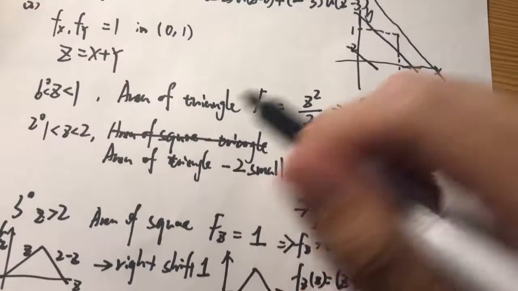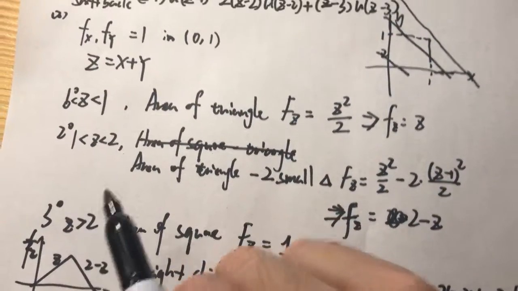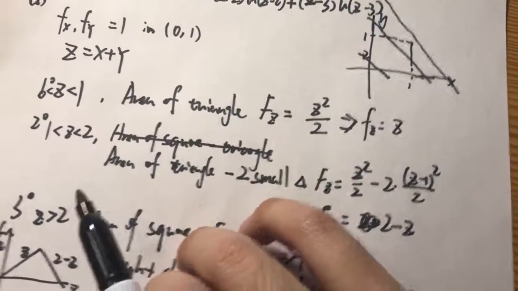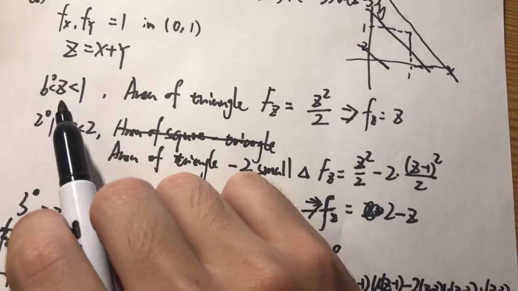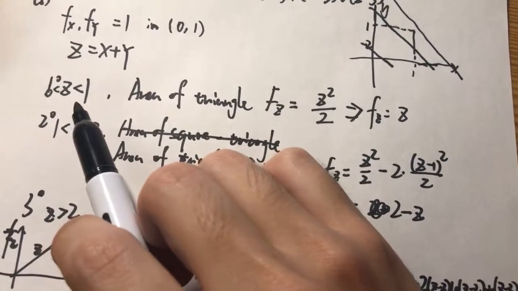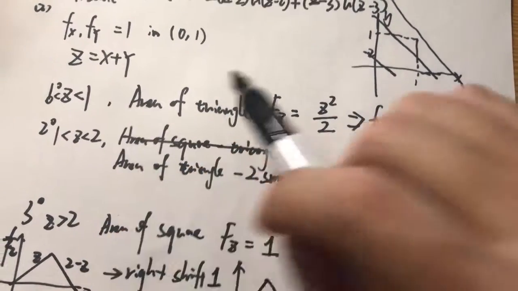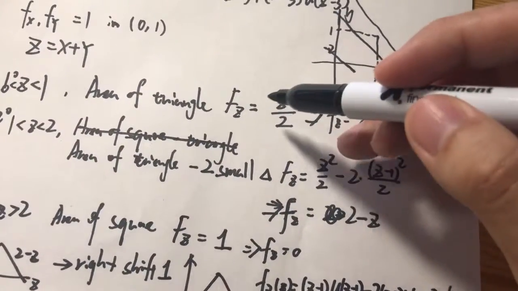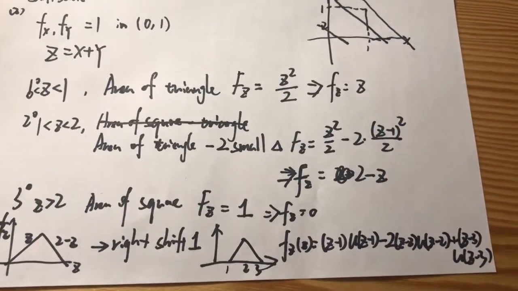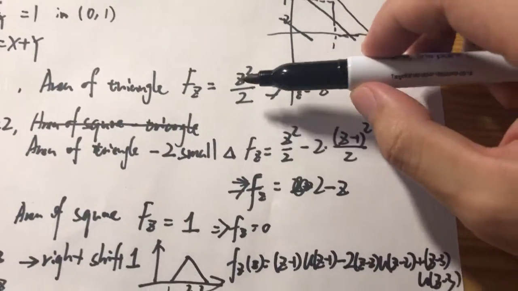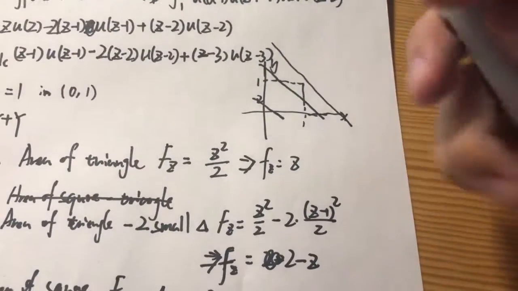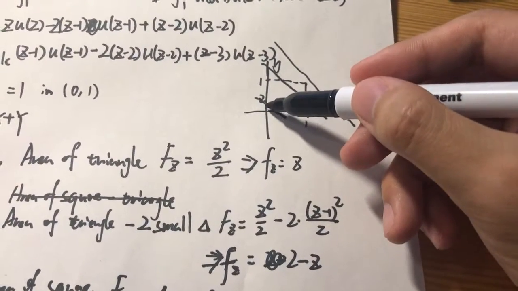So we have three possible intervals for z. For z from 0 to 1, the distribution function of Z is the area of this little triangle.